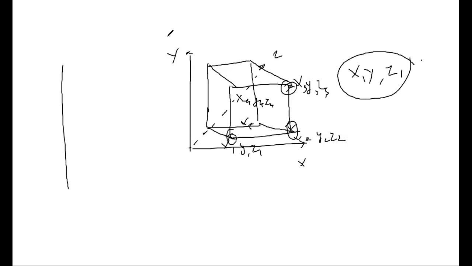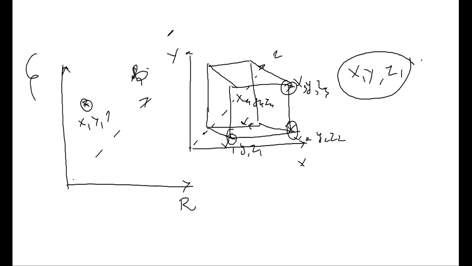Similarly, if I have the RGB system, and some color is formed, I can denote that color as x1, y1, z1 in that coordinate space.